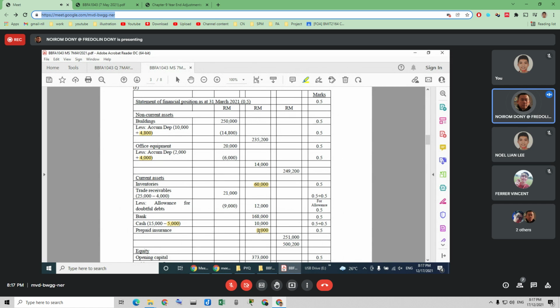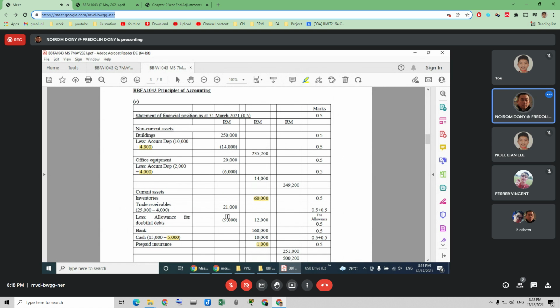Whatever the owner takes out, whether it's cash or inventory, we call it drawing. So we debit drawing and we credit, because this is inventory, the purchases. So that is the double entry.